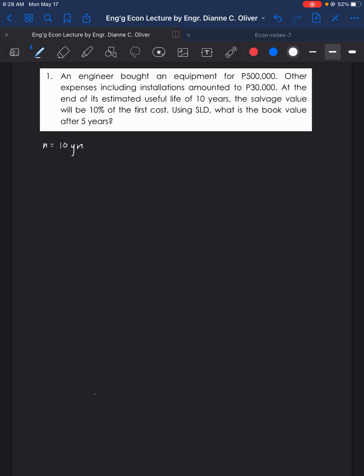And then we have here the first cost is equal to 500,000. And then including the expenses, of course, we have the 30,000. And that is a total of 530,000 pesos. Next that is mentioned here is the salvage value.